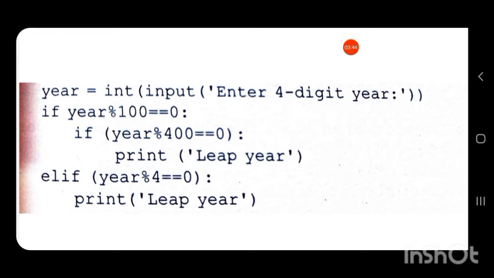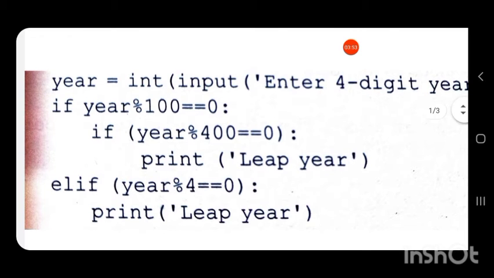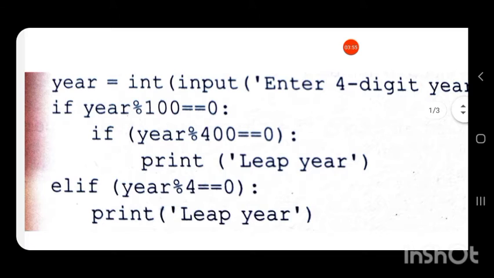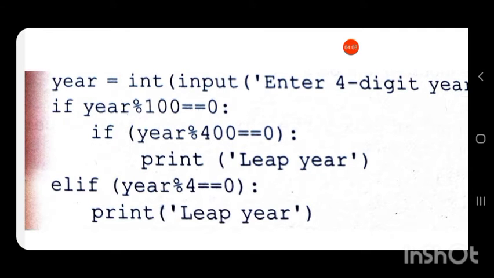For that, we check if year mod 100 equals 0. That is, 1900 divided by 100 gives remainder 0, and 1800 divided by 100 gives remainder 0.